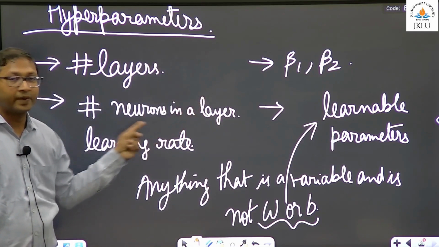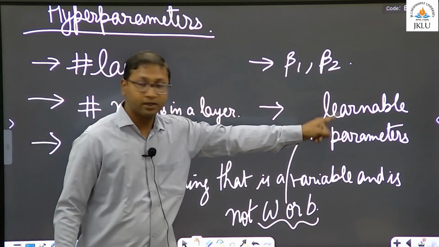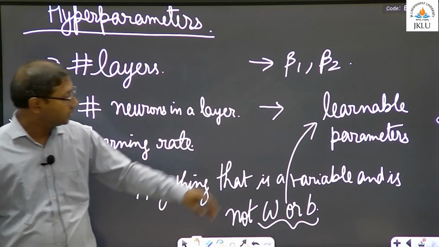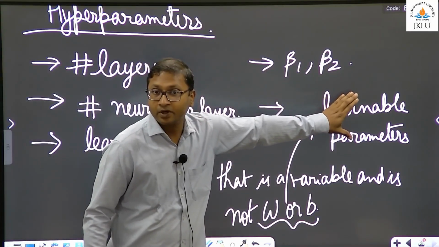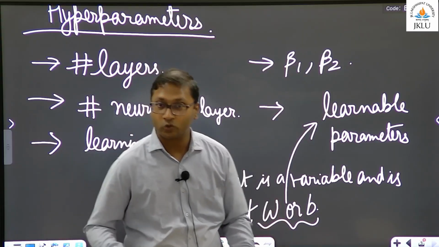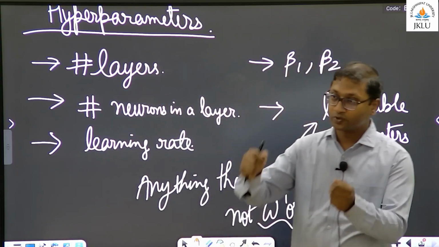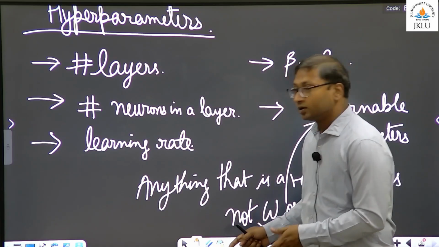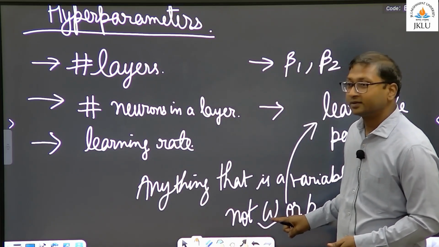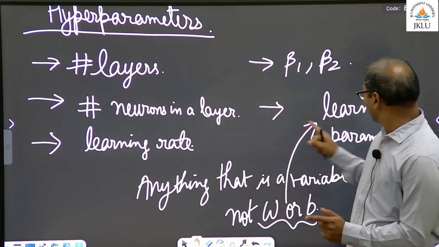So these things are my hyperparameters, and these are my learnable parameters. The number of learnable parameters that we are talking so much about, I will ask a question on in the midterm.